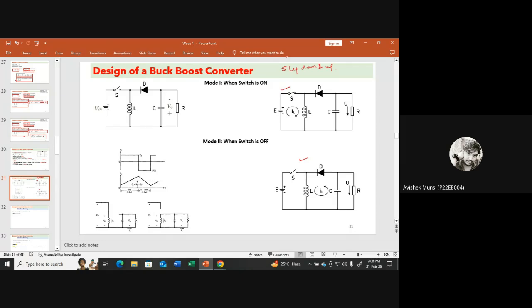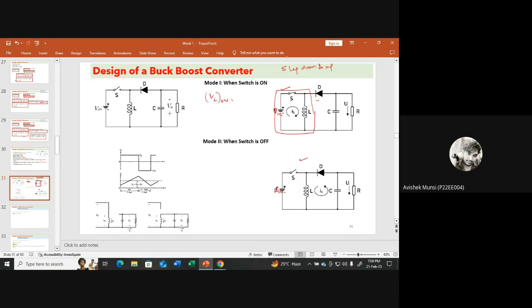So the circuit will be just this one. Since this is reverse biased, it will not work. So what will be the output?